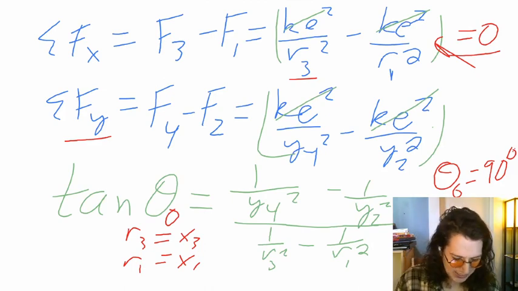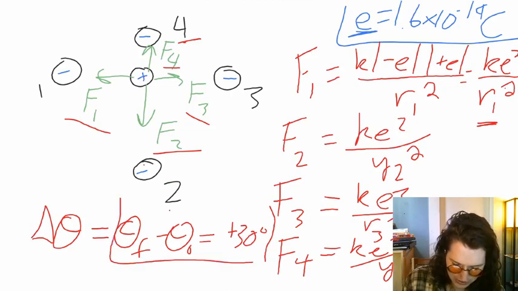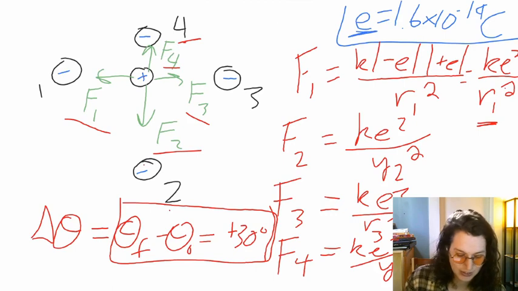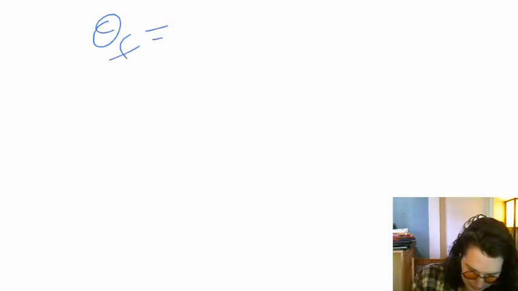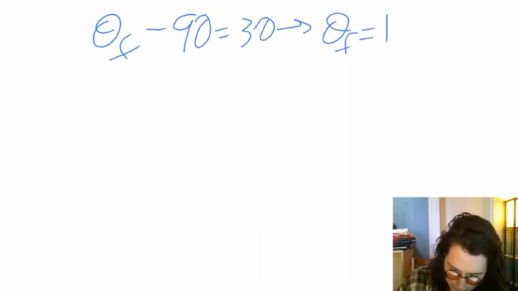Now I know that I want to rotate that theta initial 30 degrees from this equation right here. If I plug in my 90 right there, what do I have? I have theta final minus my theta initial, which is 90, is going to be equal to 30, which tells me that my theta final is 120 degrees.